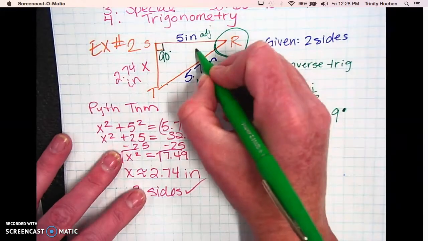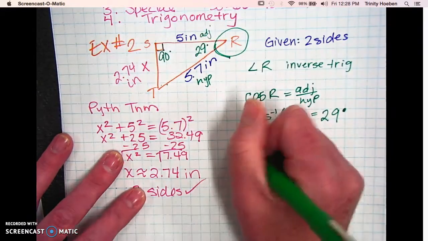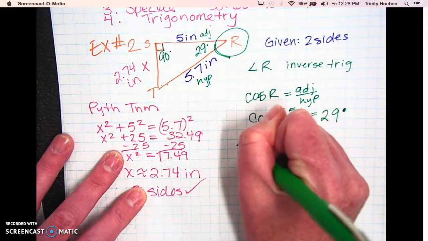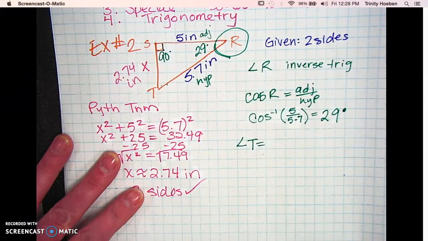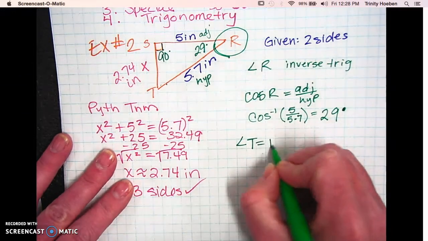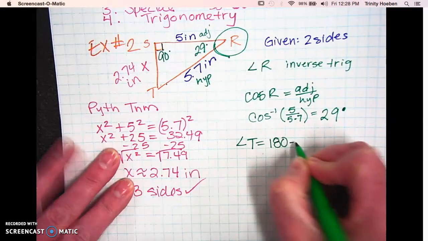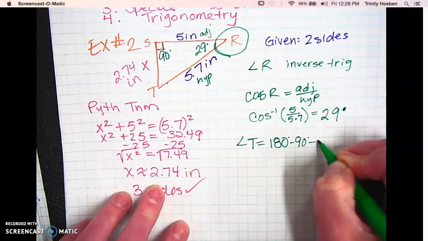So if angle R is 29 degrees, how do I get angle T? I know the triangle sum theorem. What does triangle sum theorem say? To 180, right? We start with the 180. We know the 90. We just found the 29.